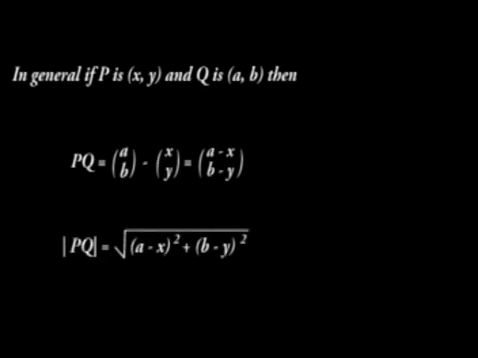In general, if P is (X, Y) and Q is (A, B), then PQ is (A, B) minus (X, Y), which is (A minus X, B minus Y), and the magnitude is the square root of (A minus X) squared plus (B minus Y) squared.